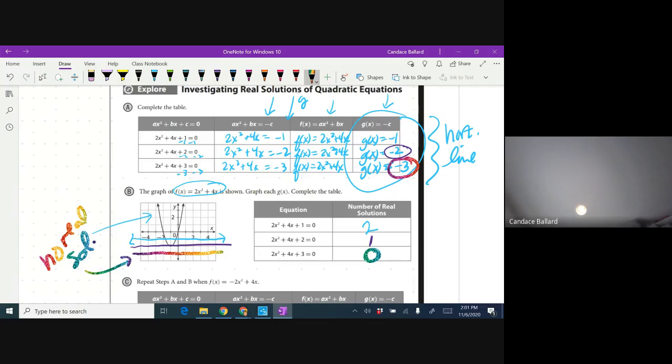So just kind of a prediction. If there are no real solutions when they don't cross, what kind of solutions do you think we have when they don't cross? Does anybody wager a guess? Because we just bridged this gap into a new number system. What kind of solutions do we have if they're not real?